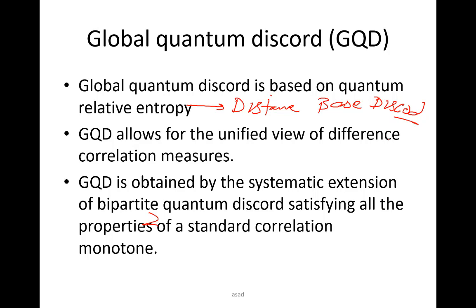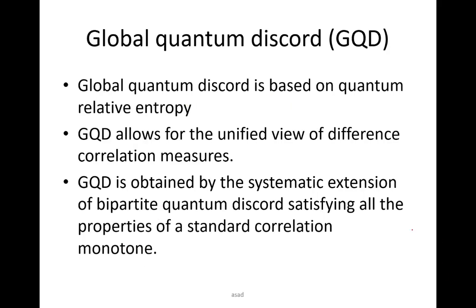Global quantum discord is obtained by systematic extension of the bipartite quantum system, satisfying all the properties of a standard quantum correlation monotone. So this is a relatively better quantifier than the asymmetric quantum discord, as it satisfies all the criteria for a quantum correlation monotone.